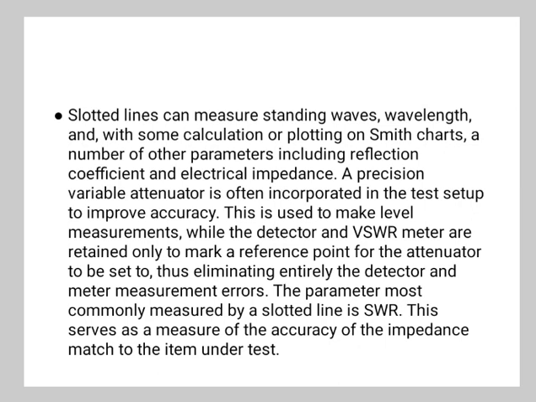This is used to make the level measurement, while the detector and VSWR meter are retained only to mark a reference point for the attenuator to be set to, thus eliminating the detector and meter measurement error. The parameter most commonly measured by the slotted line is SWR, and this serves as a measure of the accuracy of the impedance match of the item under test.